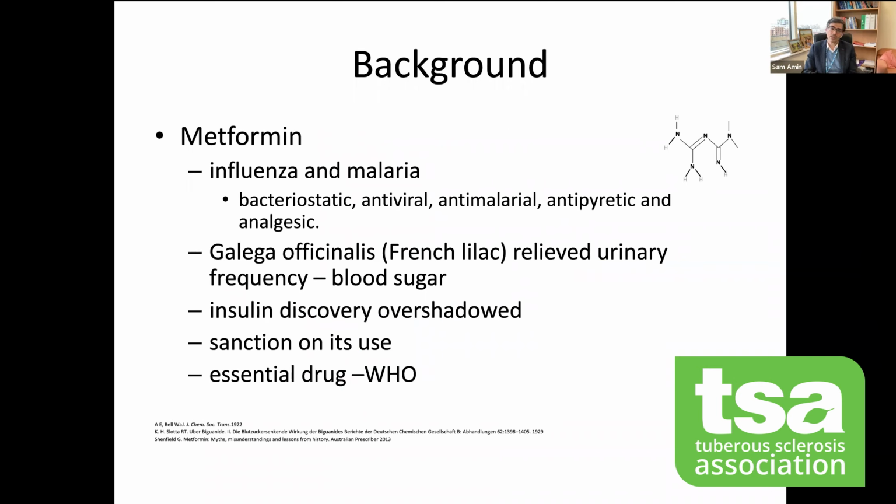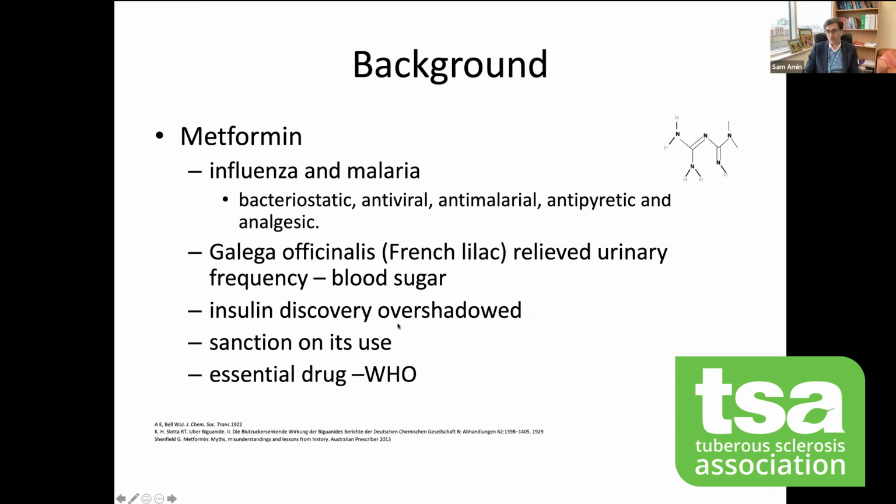And when you read the history, it's very interesting, metformin, because when metformin came out, people used to use it to treat influenza and malaria because they thought it had some antimicrobial effects. Then people started using it to treat diabetes, high blood sugar.